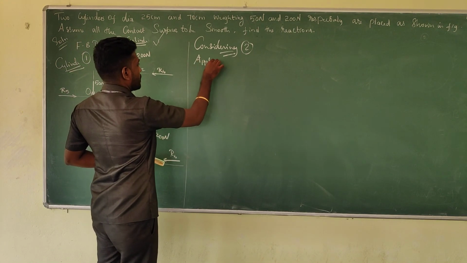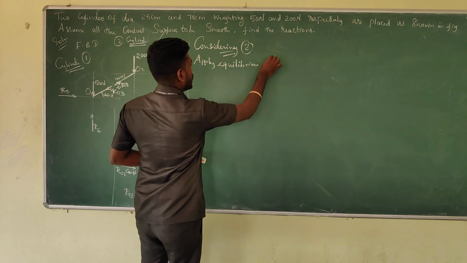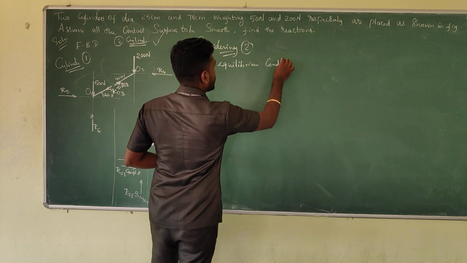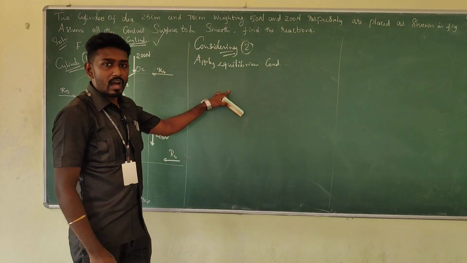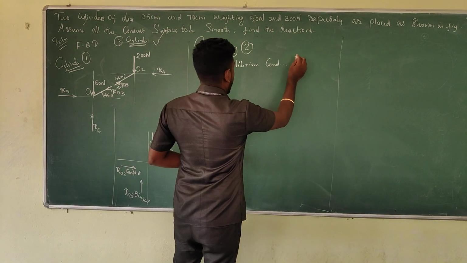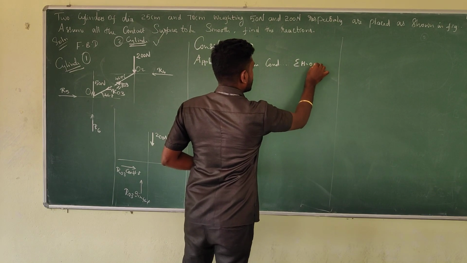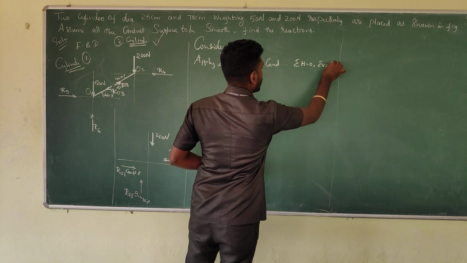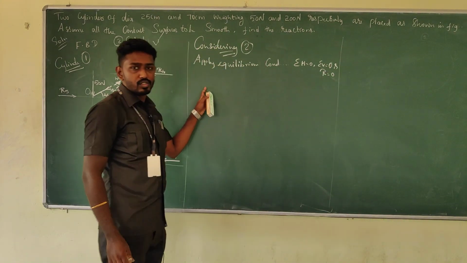Why are we applying the equilibrium condition? In order to identify the unknown forces. As per the equilibrium condition, we know the sum of horizontal forces is equal to 0, the sum of vertical forces is equal to 0, and the resultant force is equal to 0.